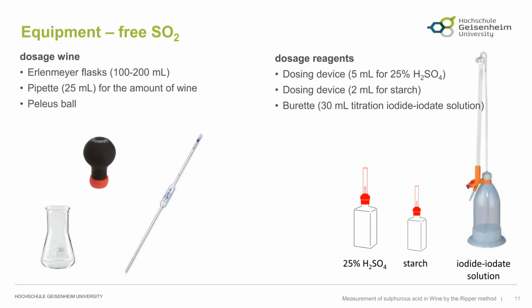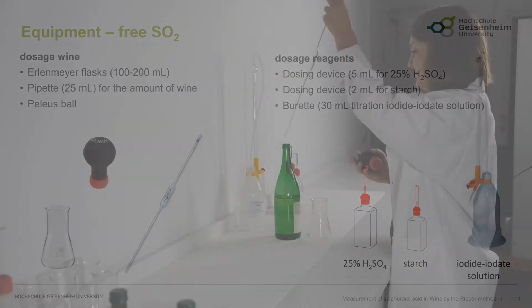For the measurement of the free SO2 we need the following equipment. To dose the wine: an Erlenmeyer flask, a pipette for an exact amount of wine, a Pasteur bowl. For dosing the reagents, a dosing device for sulfuric acid, a dosing device for starch, and a burette for the iodate solution.